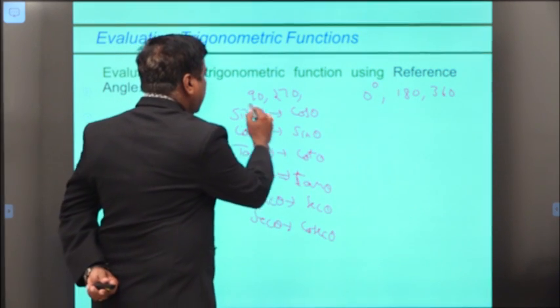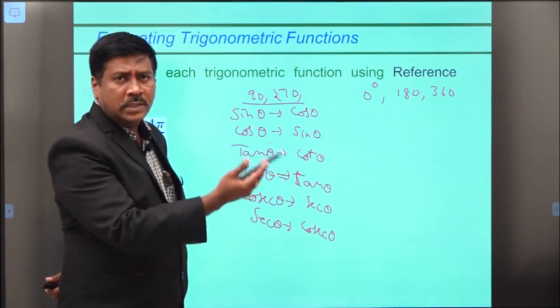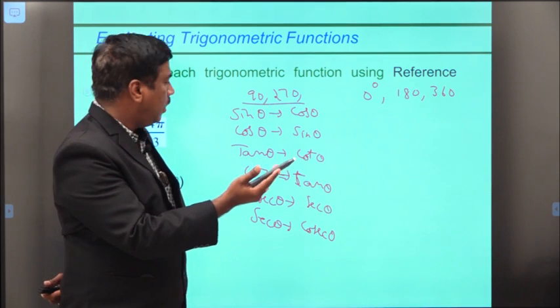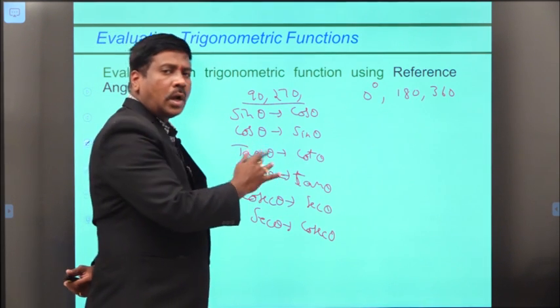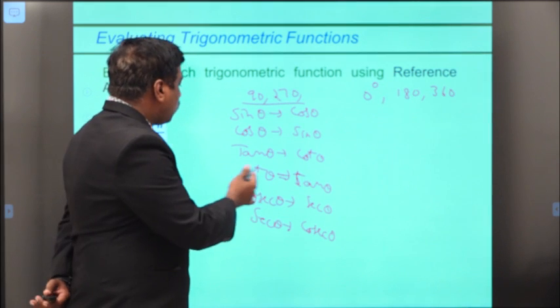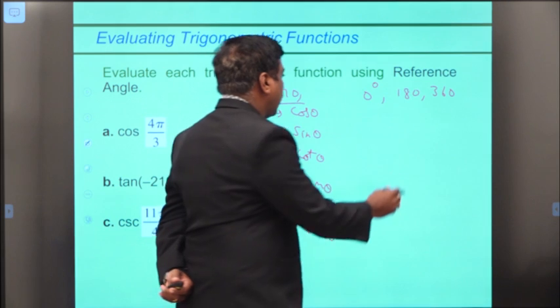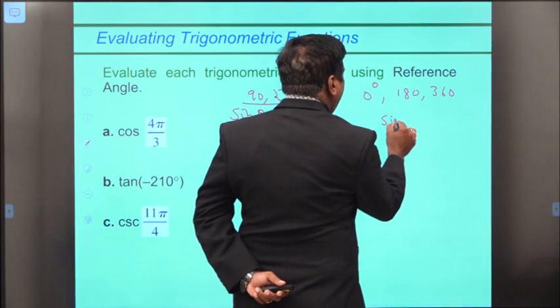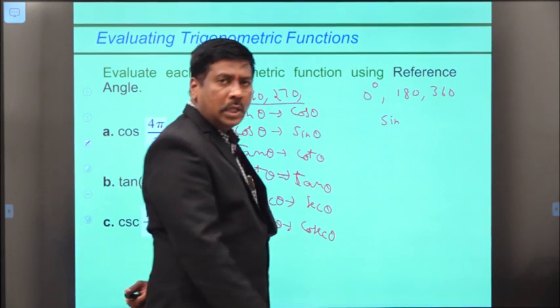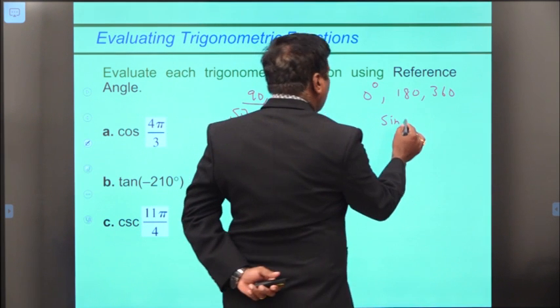So for these angles, sine will be changed to cos and cos to sine, tan to cot, cot to tan, cosecant to secant and secant to cosecant.